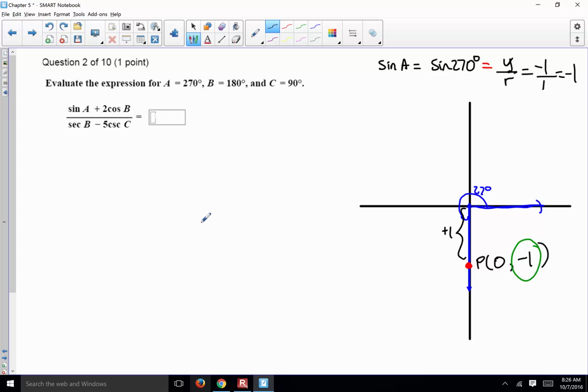Okay? So I got this part done. I need to get cosine B next. Cosine of 180 is x over r. I need to take this back to 180. This is too much. Here is 180.